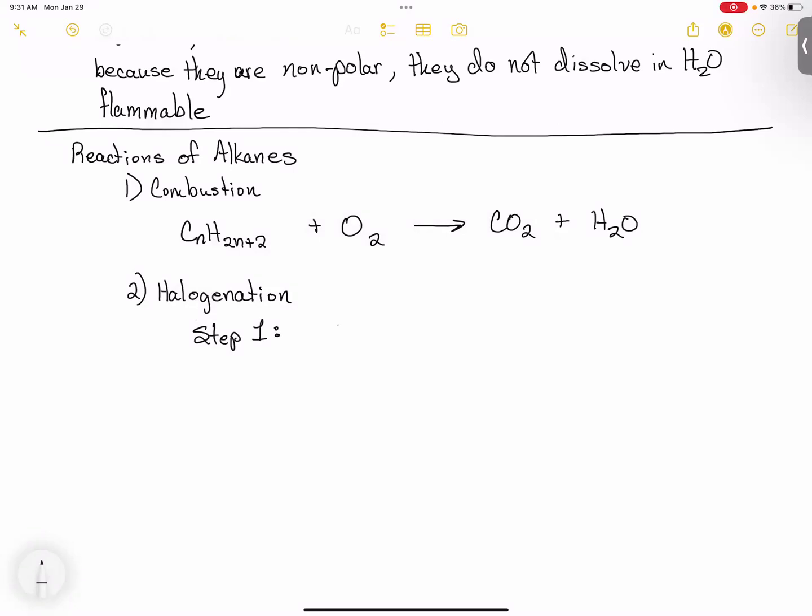You're going to take a halogen, and that halogen is going to react to give two free radicals. So in other words, the halogen dissociates to form two free radicals.